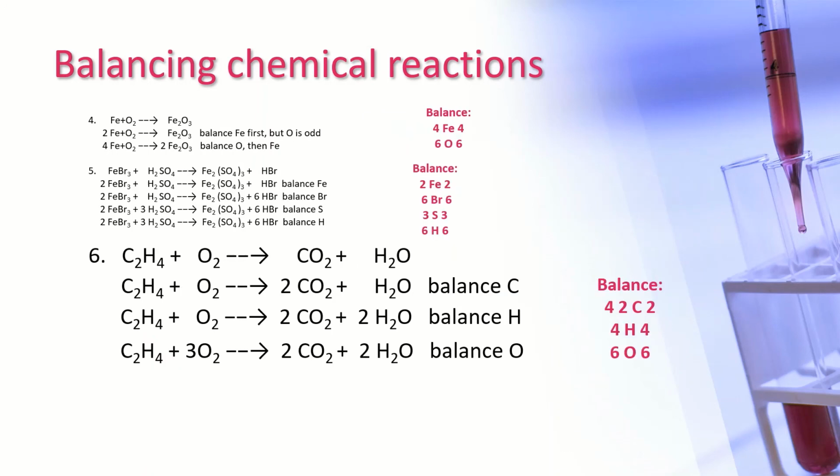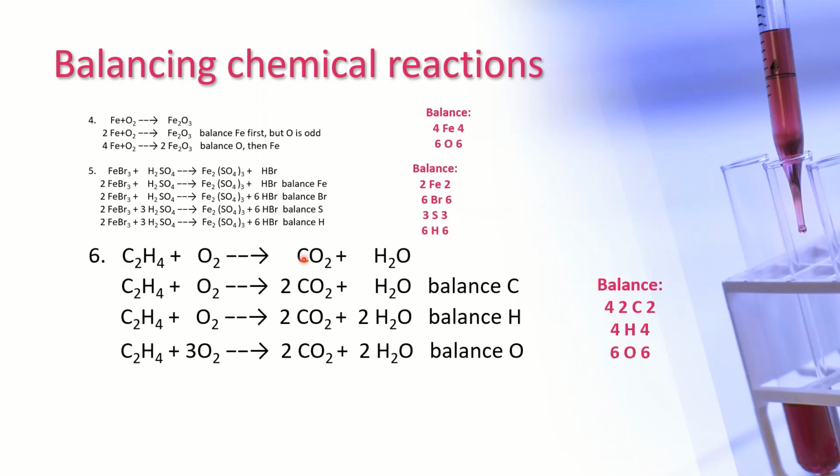The sixth chemical reaction that we are going to balance is the reaction of acetylene and oxygen gas to produce carbon dioxide and water. Again, you need to balance oxygen and hydrogen last. So we need to balance carbon first. How many carbons are at the left? There are 2 atoms and only 1 at the right.